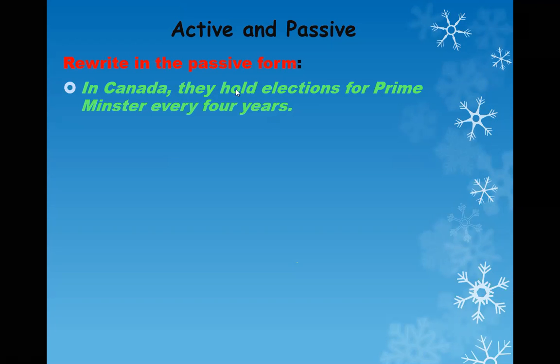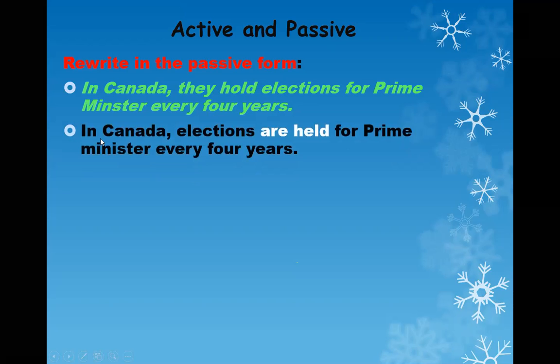The past participle of hold is held, not hold. Okay, tell me the right answer. In Canada, elections are held for prime minister every 4 years. Excellent, perfect, my dear.